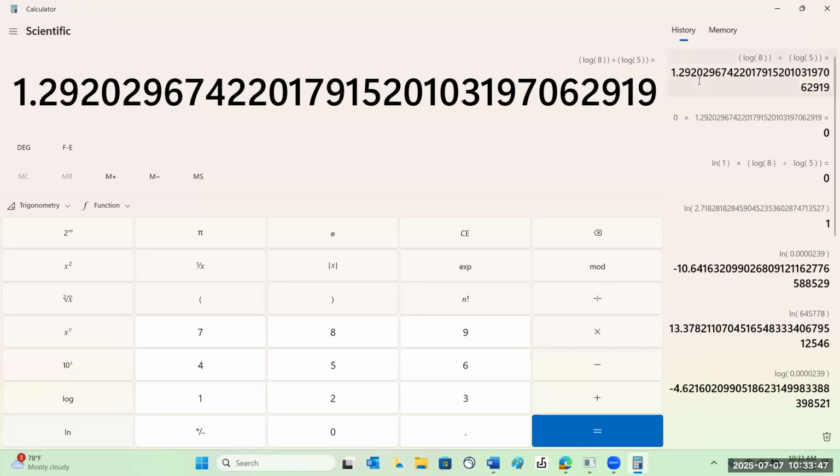It's important to see how I entered it up here. I put parentheses around them to separate them. The calculator doesn't know what's going on, all it's looking at is keystrokes. All right, so that's the first one.